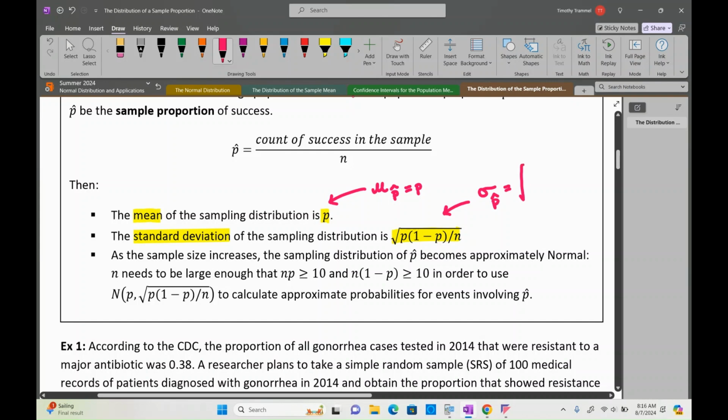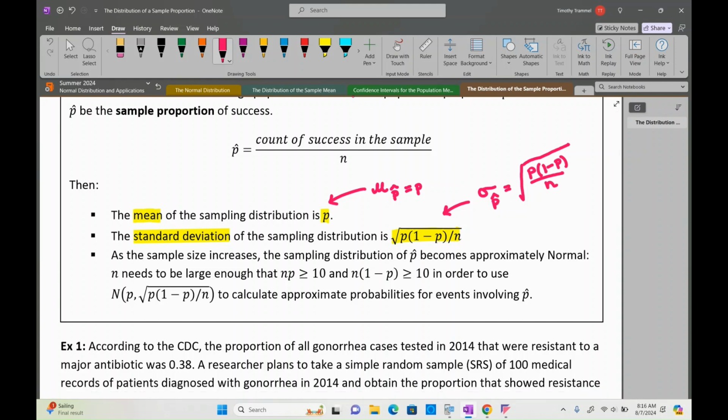I'm going to write it in a very slightly different format. There we go. This is really interesting that we're going to be able to do this. Now, let's see what the restriction is that we have.